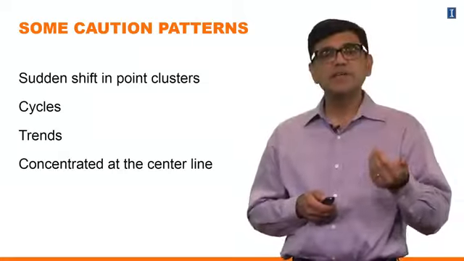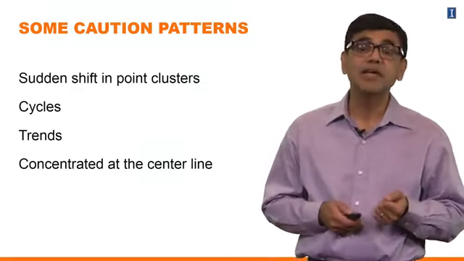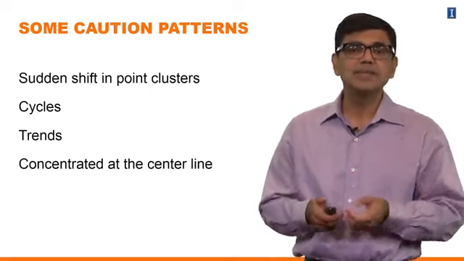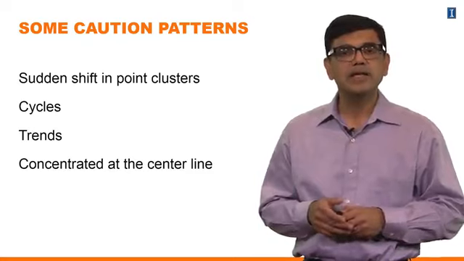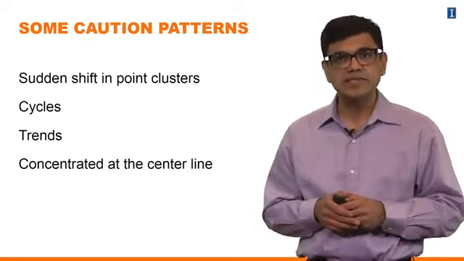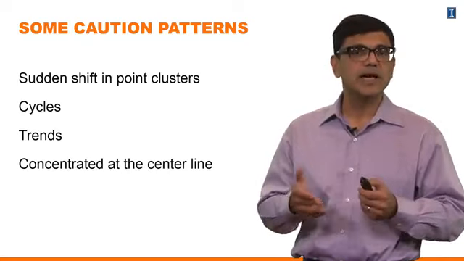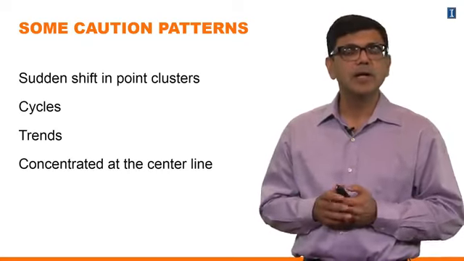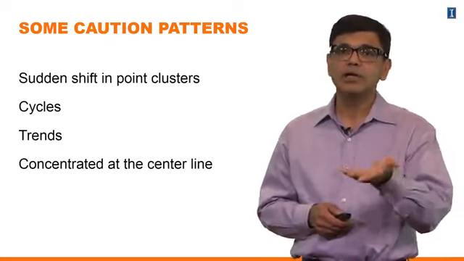So to put some specifics on the kinds of patterns that might be worth going and looking into. Now, this is not something that has a statistical principle behind it. It's going to be more context specific. So based on what your context is and what that process control chart is all about, you might find something that might be worth looking into or not.